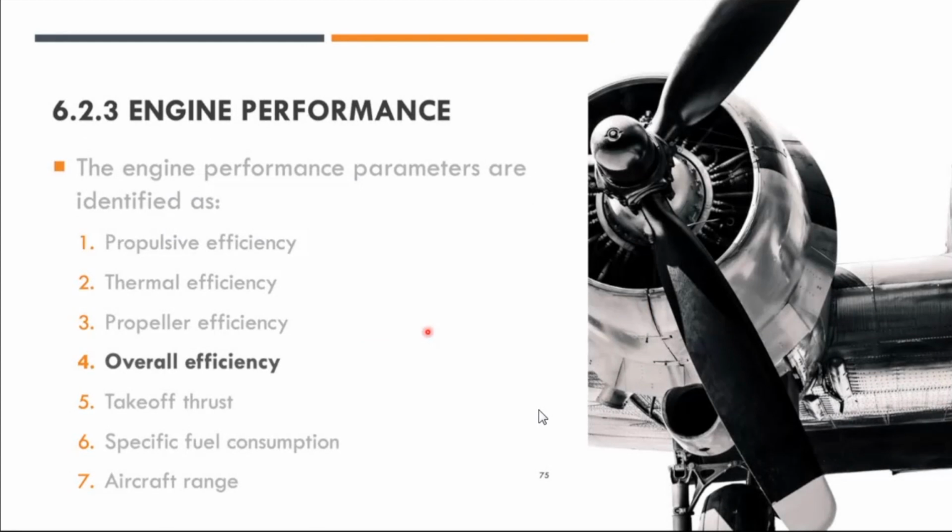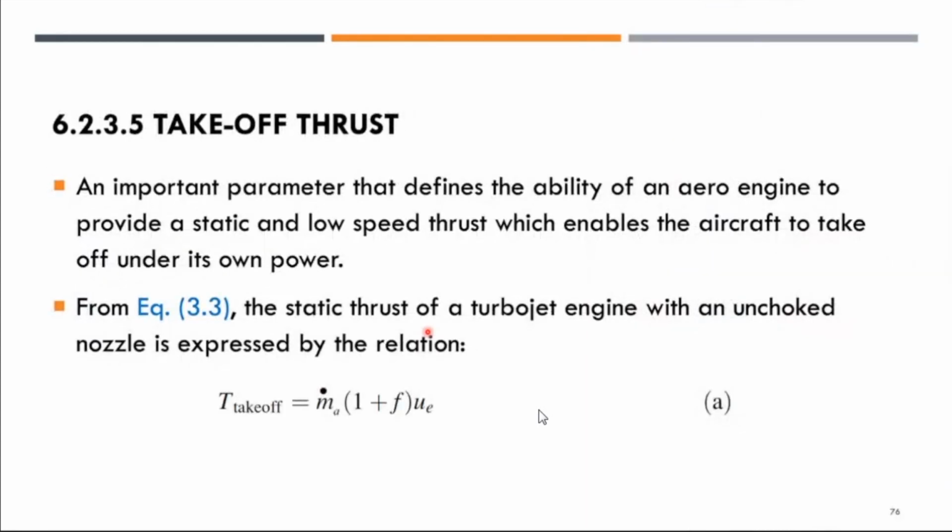Right. Let us look into the takeoff thrust. An important parameter that defines the ability of an aero engine to provide a static and low speed thrust, which enables the aircraft to take off under its own power without any propelling mechanism to propel it.